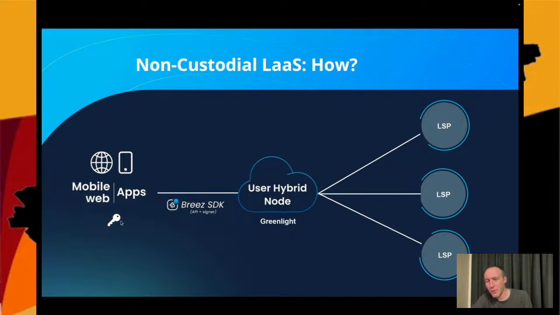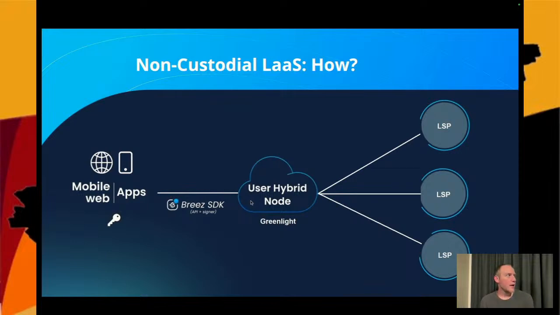And a big important component here is that the keys are on the side of the app and not anywhere over here. These apps will implement the Breez SDK, and the Breez SDK will communicate with a node that is on a Greenlight infrastructure in the cloud. So multiple apps will communicate with the same user node, giving them basically the same backend.